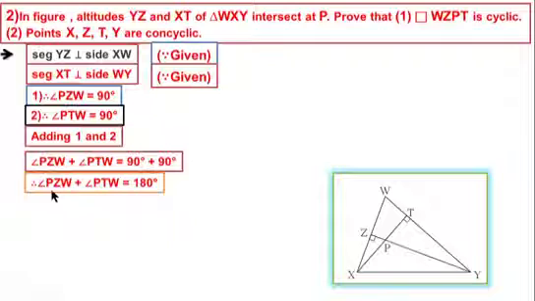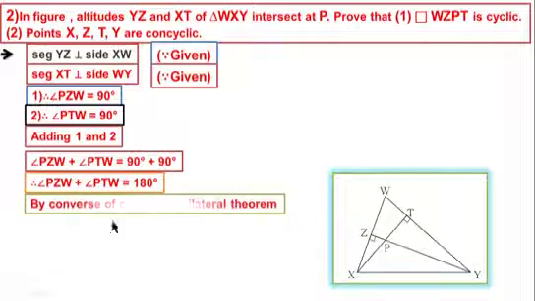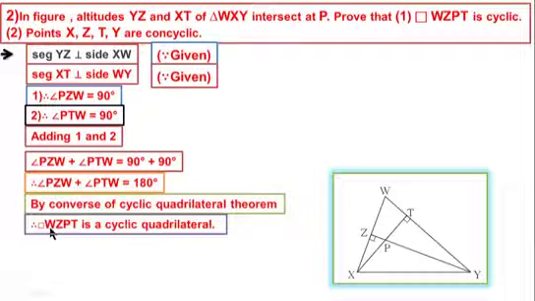Therefore, angle PZW plus angle PTW is equal to 180 degrees. By converse of cyclic quadrilateral theorem, quadrilateral WZPT is a cyclic quadrilateral.